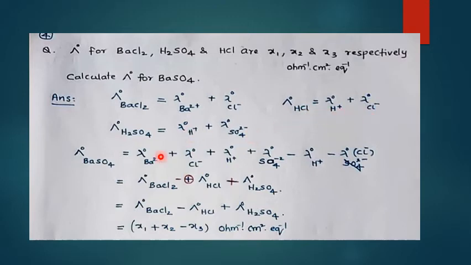What do you want? BaSO4. So this is the arrangement. Everything is clear step by step. Next go to this step and we are substituting the values given in the question. What is the unit? Ohm inverse, centimeter square, equivalent inverse. This is the procedure, dear students. It is not a difficult question, it is a very easy and very interesting question also.